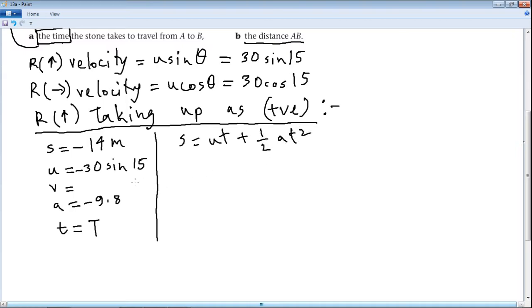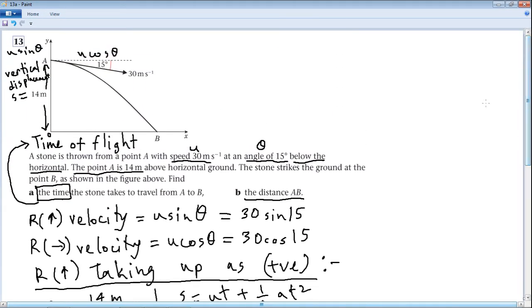Now let us substitute these values. Let me tell you why I have taken these things negative. Since I have taken upward as positive and the stone is going downward, downward will be negative.